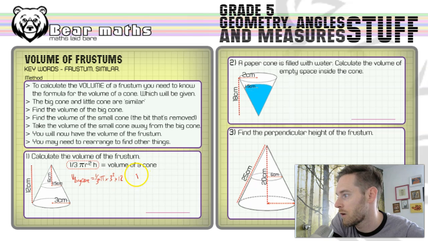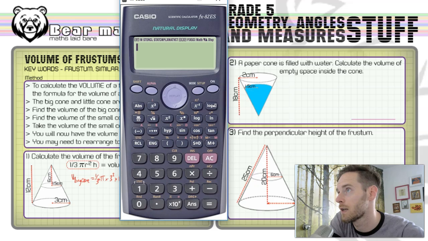And then the volume of the small cone equals 1/3 multiplied by pi multiplied by 1.5 squared multiplied by 6. Now let's get our calculator in to do those calculations.